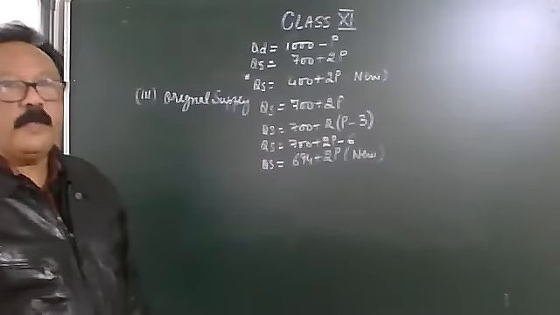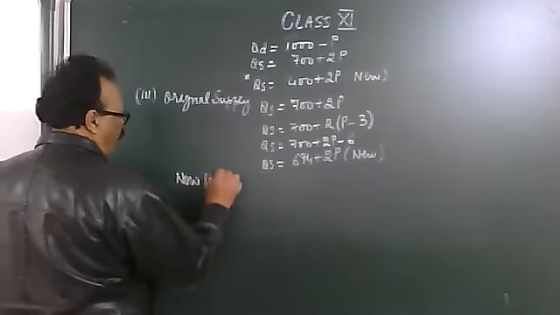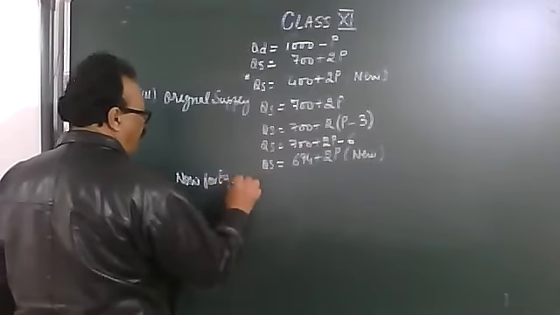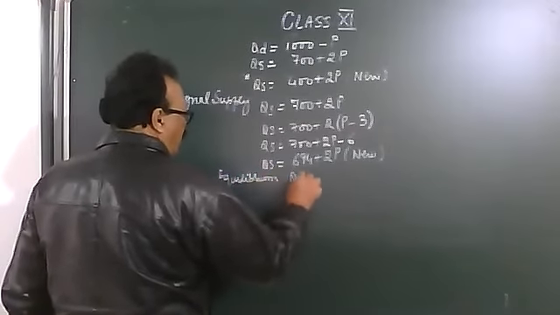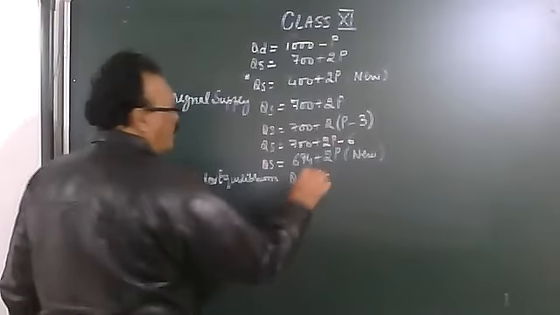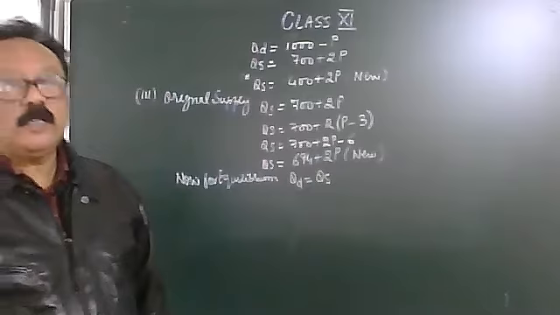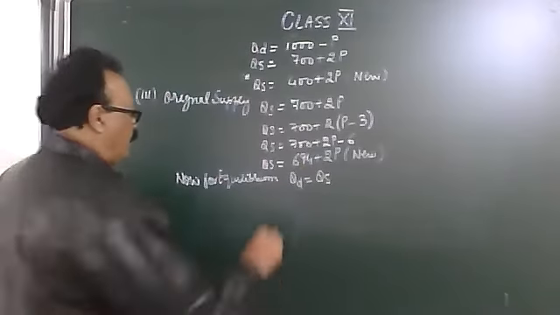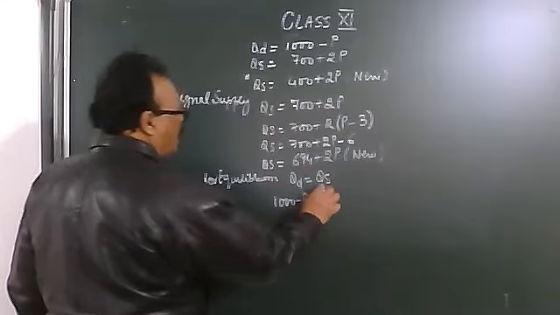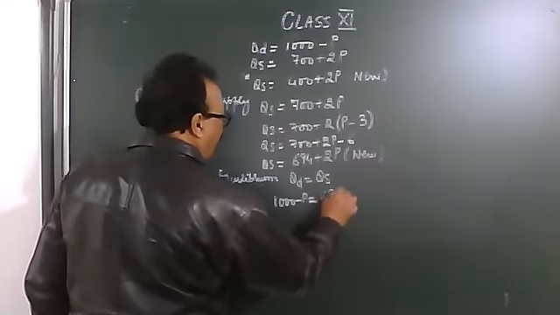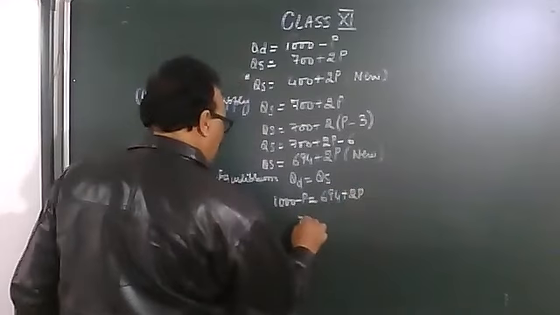Now for equilibrium, QD should equal QS. Okay, and which QS? The new QS. So 1000 minus P, which is the original demand, equals the new supply, 694 plus 2P.